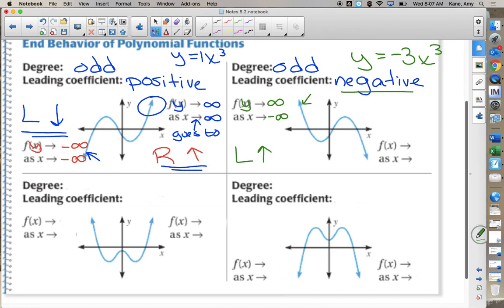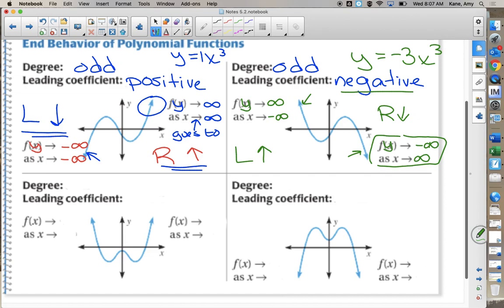The left side goes up. On the right side, now it's doing the opposite. The right side is going down. Or I could say the y is going to negative infinity as we're on the positive x-axis. So here's the algebraic notation: the right is going down, the left is going up.